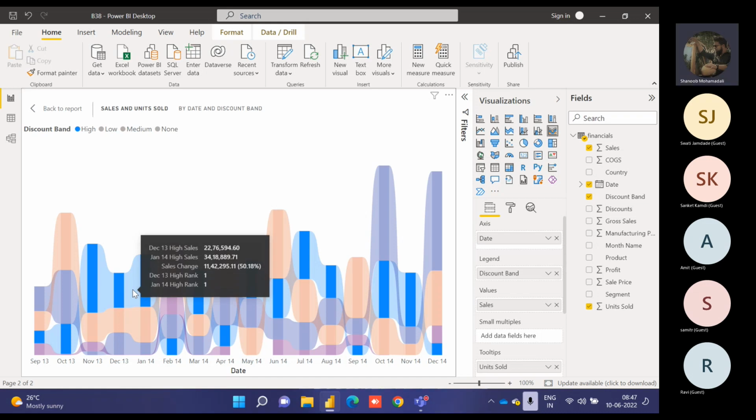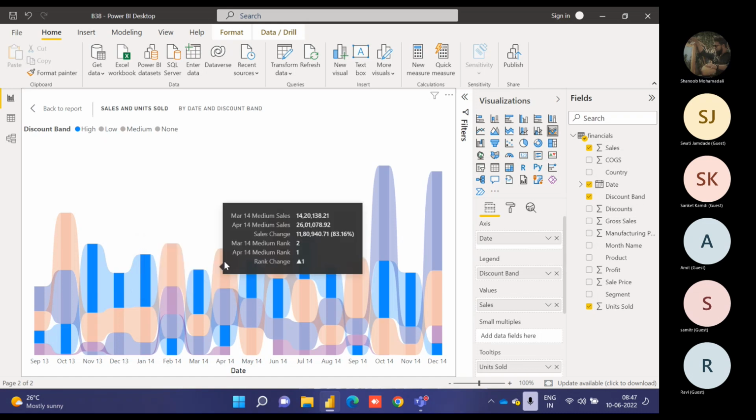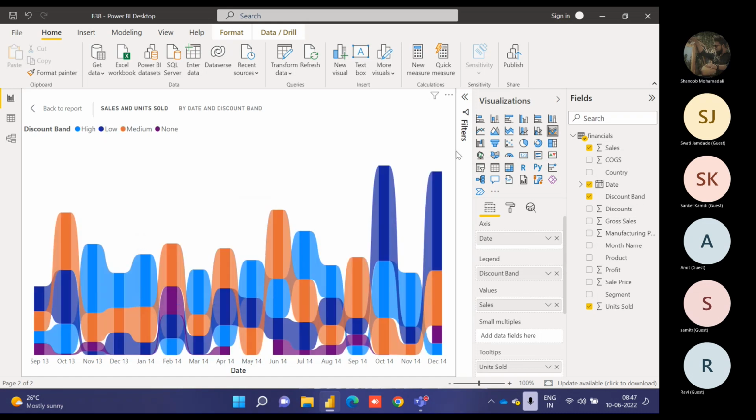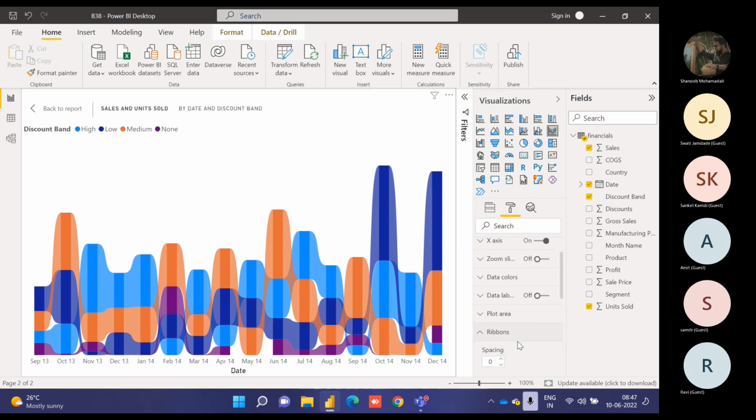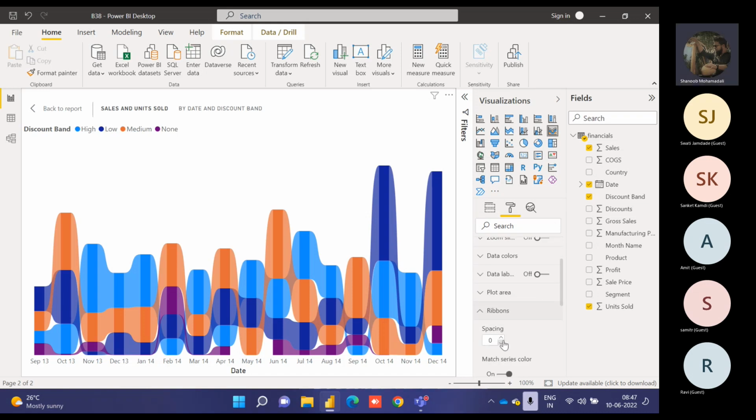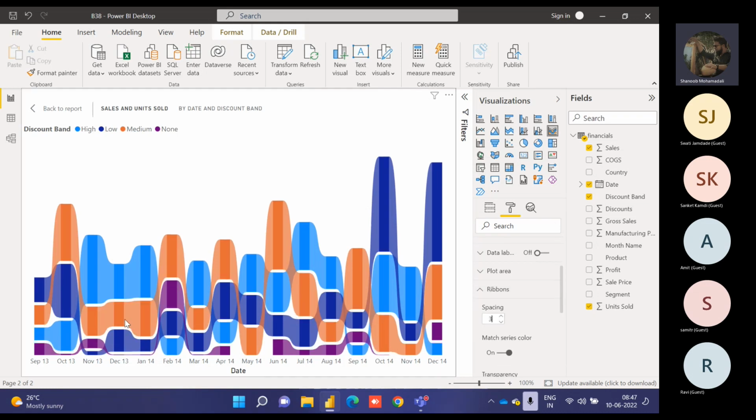Now in the ribbon chart, you have some additional formatting options. If you go here, you have this ribbon section. In the ribbon section, you have spacing. If you increase the spacing, all the categories can be segregated separately.